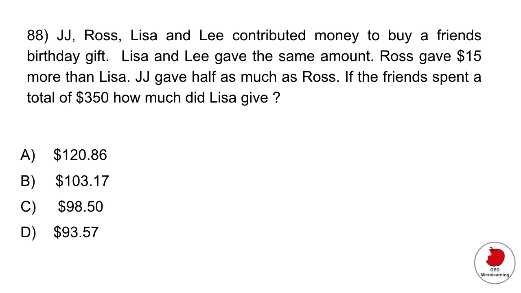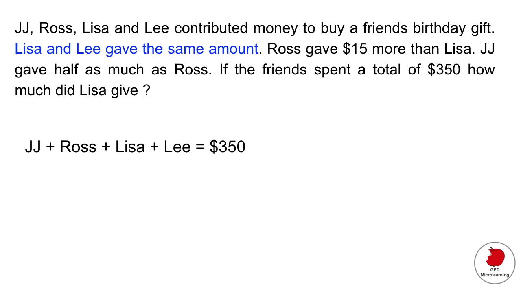All right, so the issue with these problems is that the language is kind of tricky, all right? So again, you have to break it down into digestible pieces. So here we have 4 friends, right? JJ, Ross, Lisa, and Lee, and they've told us that they've spent a total of $350.